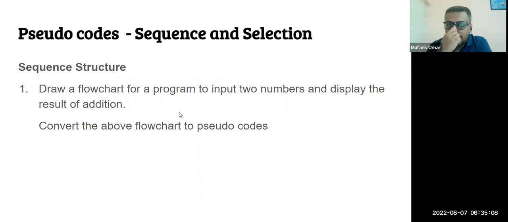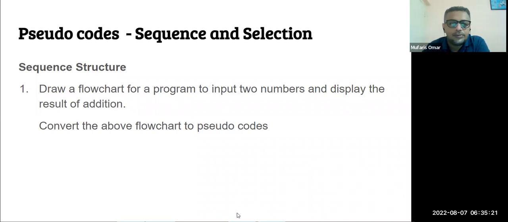Draw a flowchart for a program to input two numbers and display the results of addition. So don't draw the flowchart here, I will give you the flowchart. A bit of writing today.